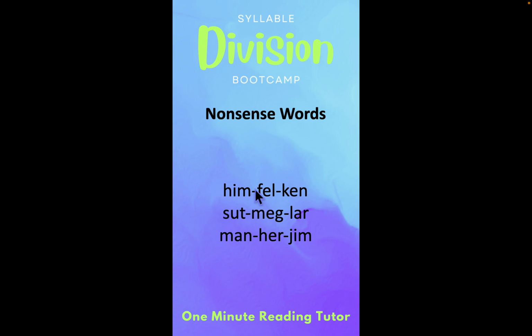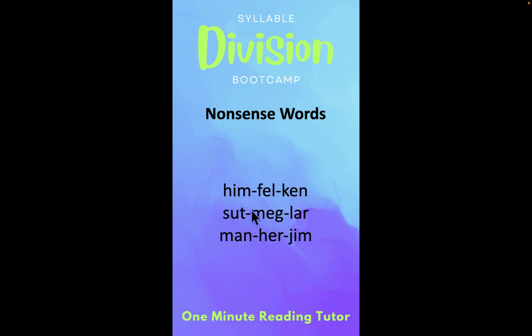This word, we split between the M and the F and the L and the K. All 3 vowels are going to say their short sounds. So we have himfelken.